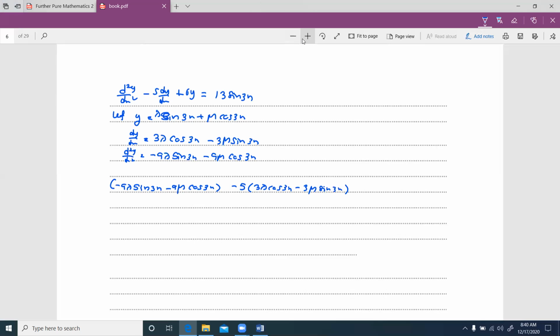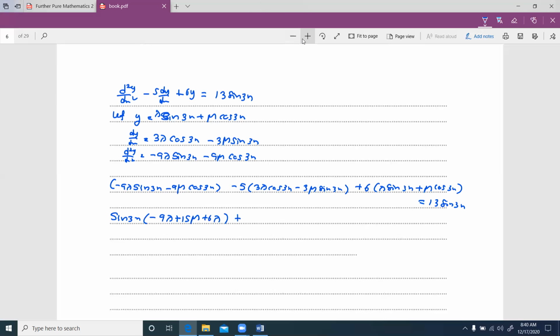sine 3x plus 6 lambda sine 3x plus mu cos 3x is equal to 13 sine 3x. So if I get the sine 3x terms, minus 9 lambda plus 15 mu plus 6 lambda.